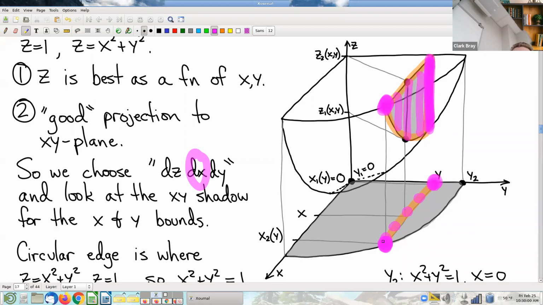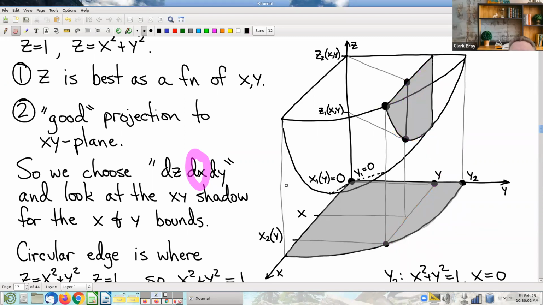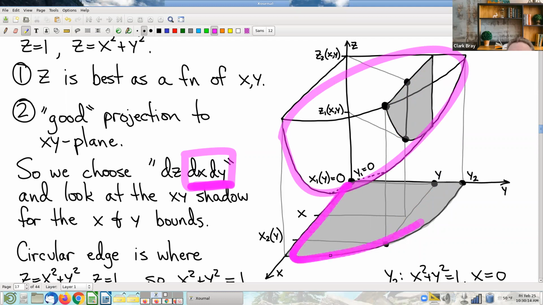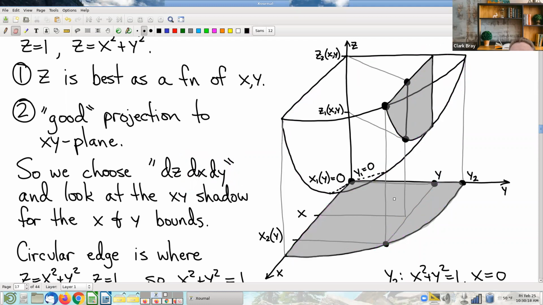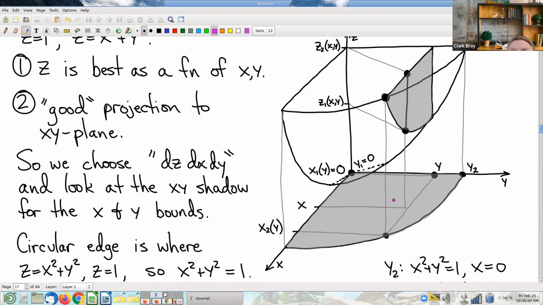So for both the X and the Y bounds, because we're doing dx dy on the outside, the bounds that I would get by looking at the solid are exactly the same as the bounds that I would get by looking at the projection. And it's so much easier to do. In particular, this projection down here is pretty easy to understand.